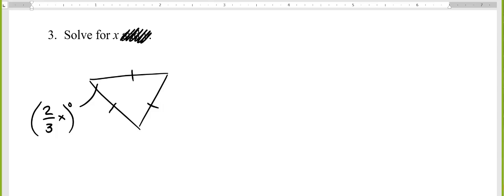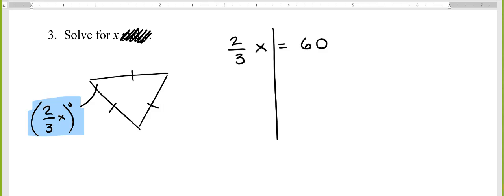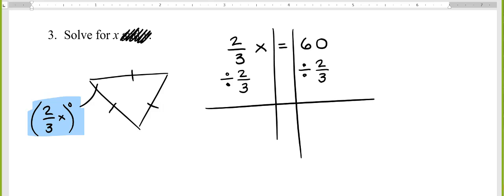Here's my angle. I know that 2/3 x has to equal 60. What do I want to do to both sides to get the x by itself? Divide by 2/3.